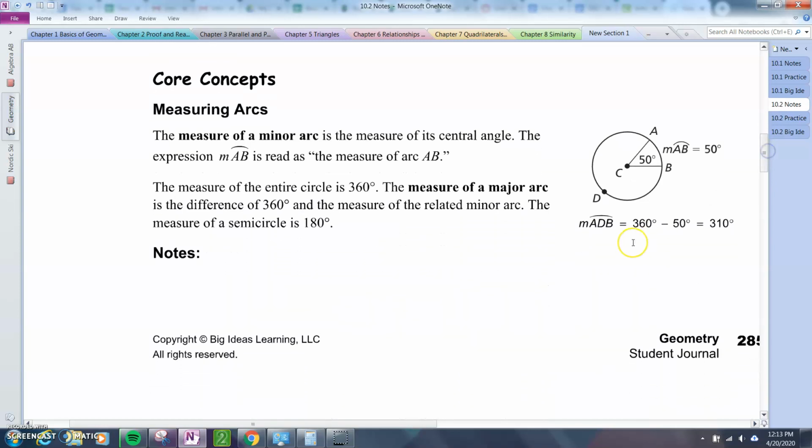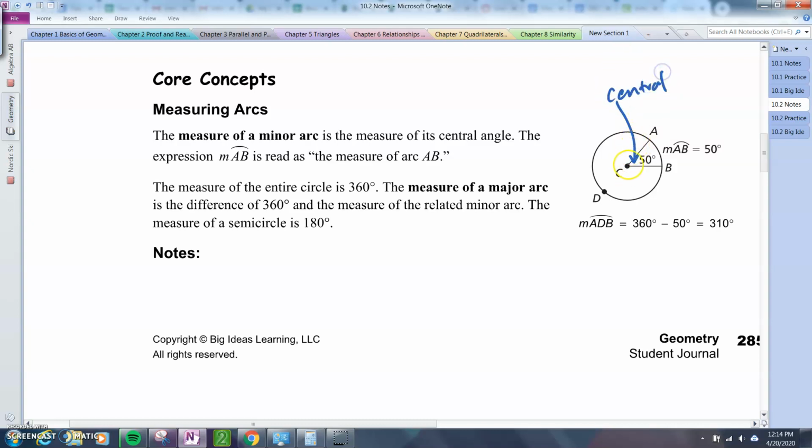Alright, so we're going to start with just some core concepts here. It says the measure of a minor arc is the measure of its central angle. Well, a central angle is the angle at the vertex here. So this is the central angle.